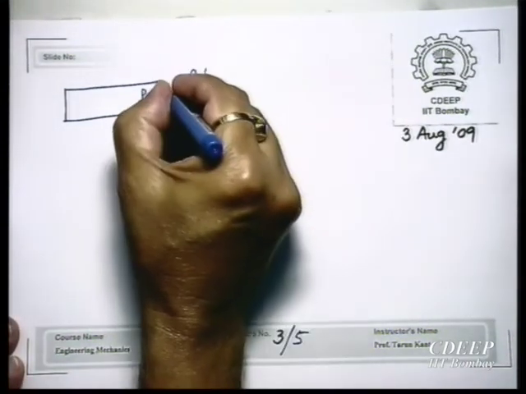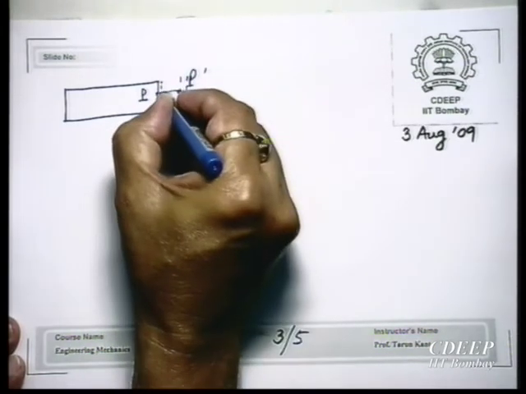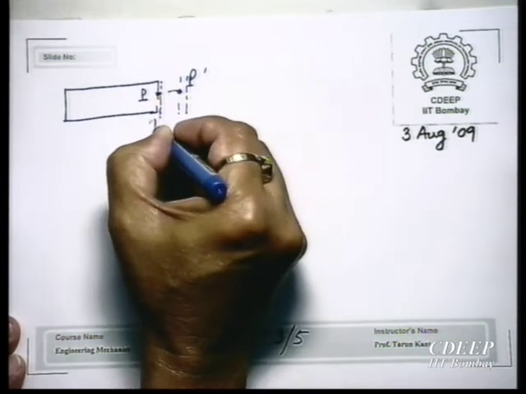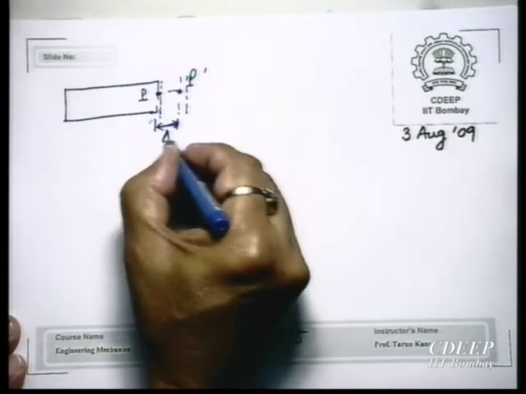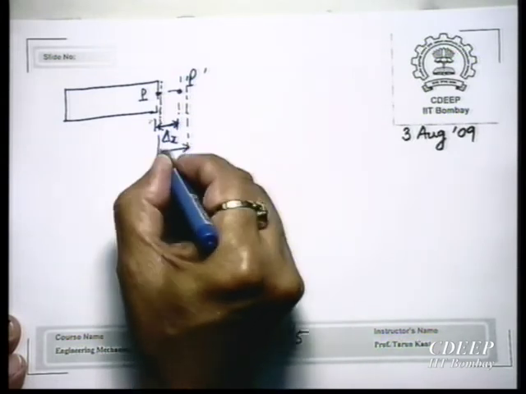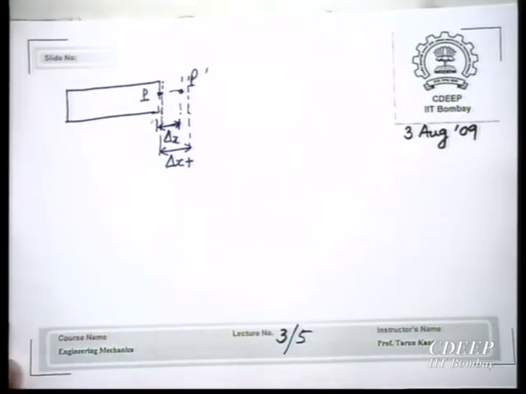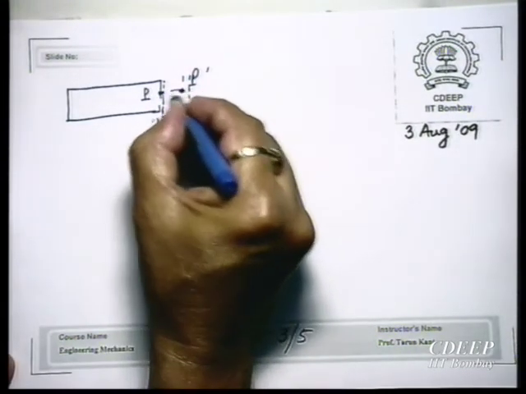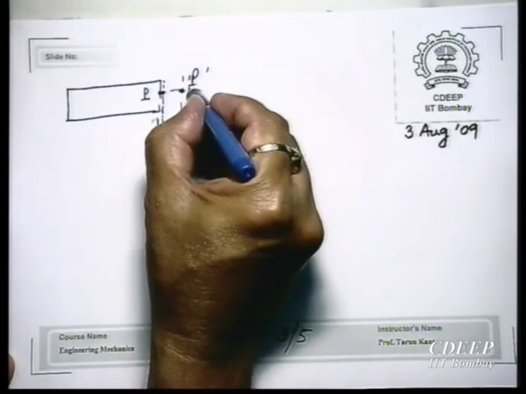So this point perhaps will move like this, and this point like this. The original length is delta x, but after the movement it will not be delta x. See, these are the original two points, and afterwards this has moved to this point and this has moved to this.